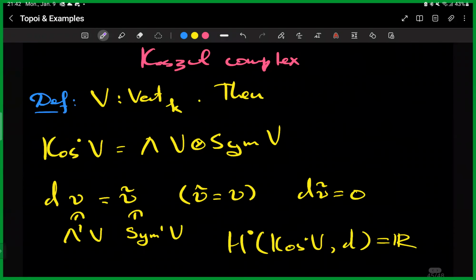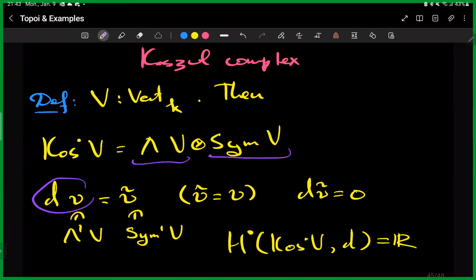So just a tiny bit of algebra, and then we will be done. What is a Koszul complex of a vector space? If we have a vector space V over a field, or even a ring, then a Koszul complex is a tensor product of the exterior algebra with the symmetric algebra, with a differential given by the following.